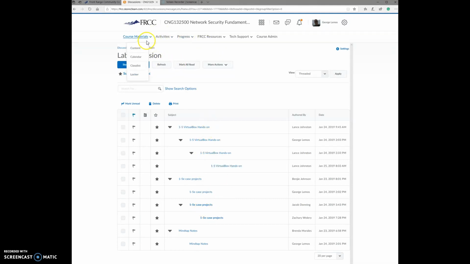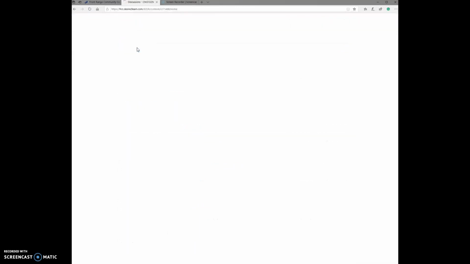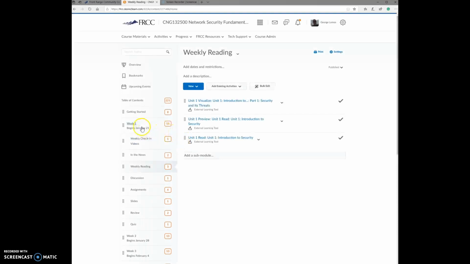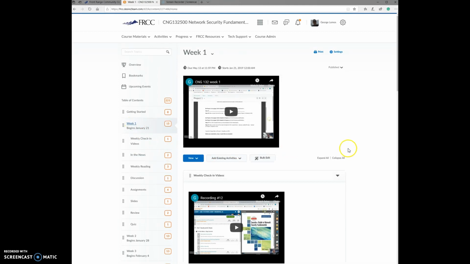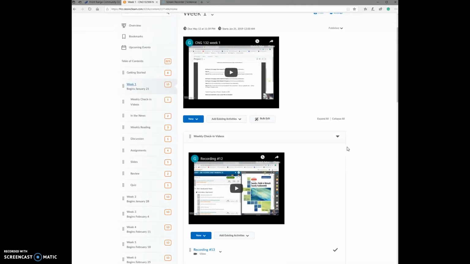Let's see. I have gotten a few emails requesting dates and due dates. But if you look in the syllabus, it points out that you should attack this on a weekly basis. I don't have any due dates in here because something can happen, since we rely on the virtual machine.